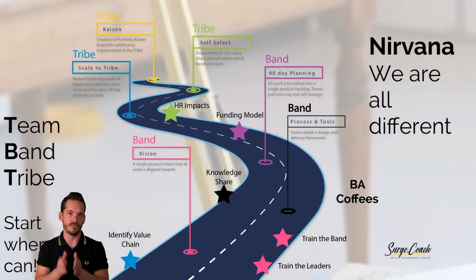Straight away, find the right backlog, the right band, work out the strategy, and then get the right 50 people together to start moving forward. Measure, measure, measure, and then show your benefits. If there are no benefits, do not scale. Don't scale what doesn't work, scale what works. Then move to the tribe, and so on.